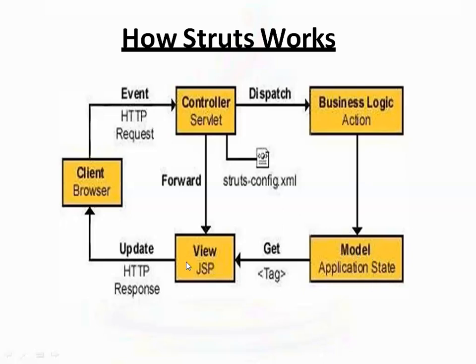The same object directly goes to the view layer. Clear? Yes, sir. In a servlet, the service method accepts request and response, that's why you need to go back and again give to the view. Here we are directly throwing to the view with forward mappings.